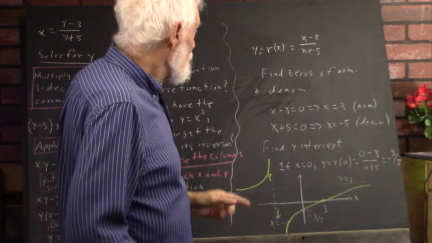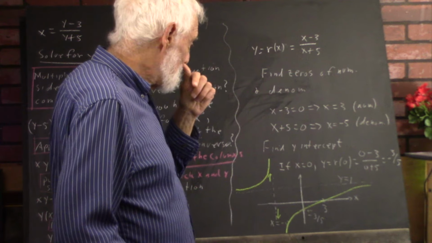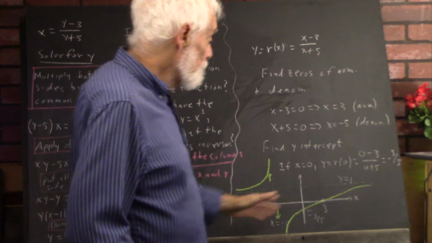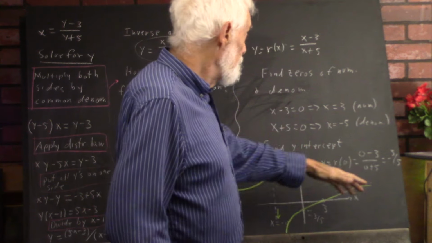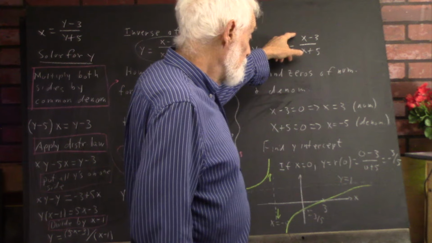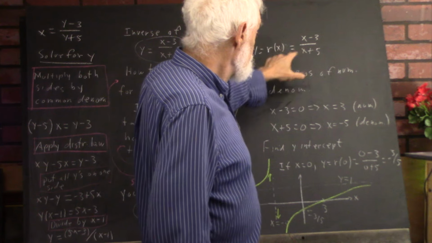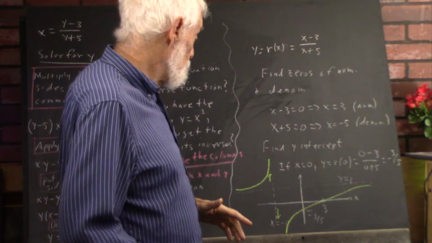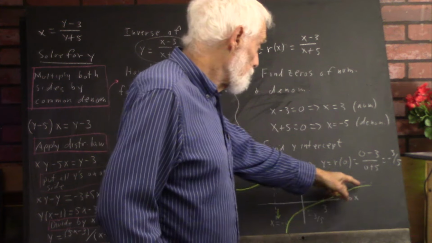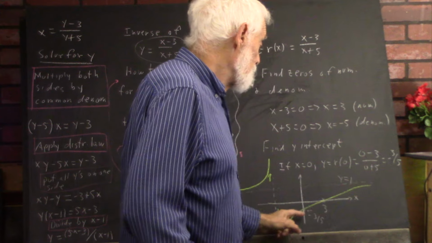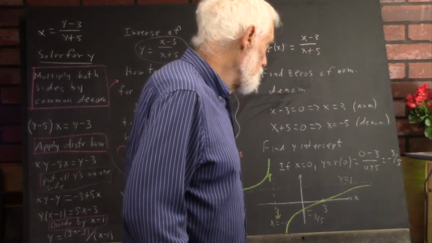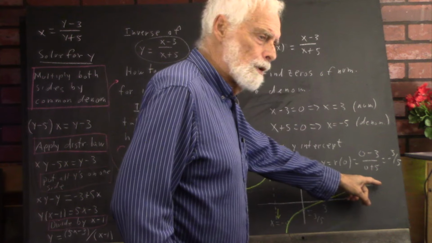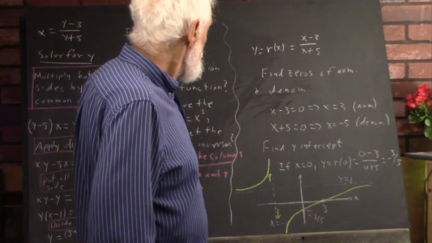Now, if x is a large positive number, this number is going to be a little bigger than this. So y is going to be a little less than 1. It's going to be very close, but a little less than 1. So your graph is going to approach y equals 1 from numbers just a little less than 1.